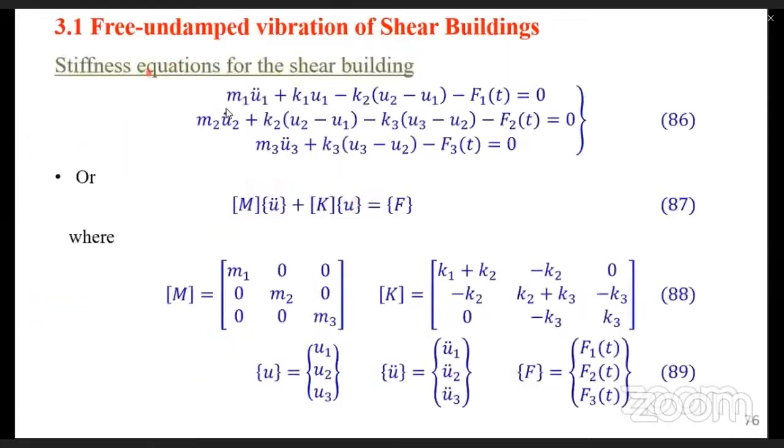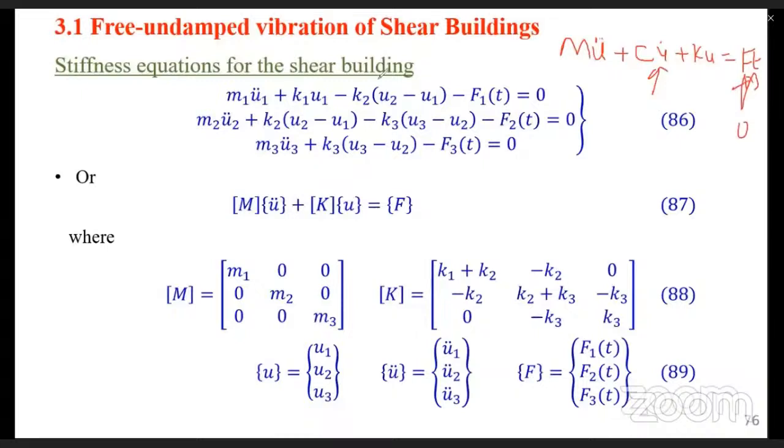So if we move now to the equation of motion, m times acceleration plus c times velocity plus k times displacement is equal to F(t). So basically we are saying this is equal to 0, free and undamped.